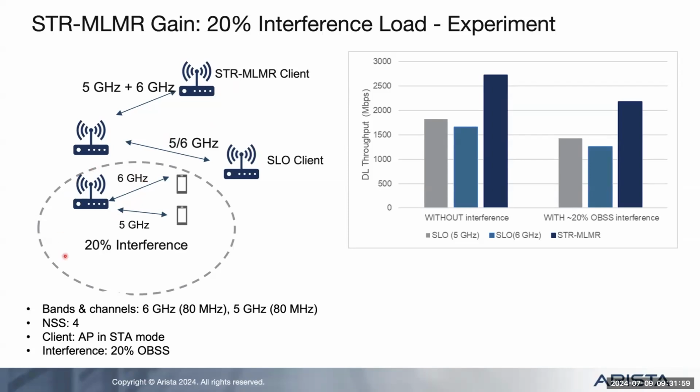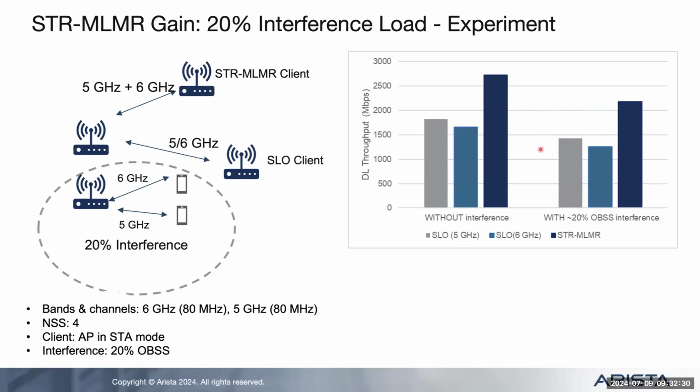So here we induced 20% interference when 5 and 6 were both operating at 80 MHz channel width. What we see with and without interference is high throughput in both cases, very high compared to the SLO on 5 and 6 separately.